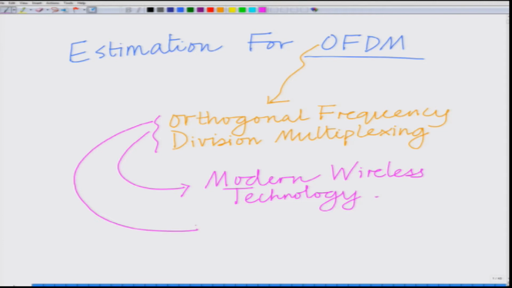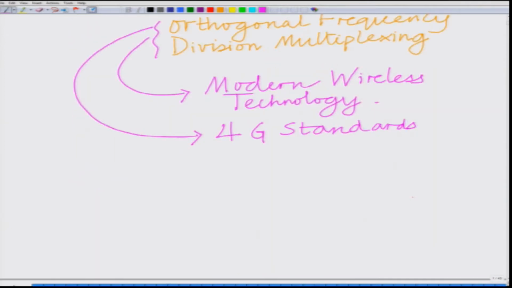and this is used in 4G standards such as the 4th generation cellular standard, for example, in LTE, which stands for long term evolution.